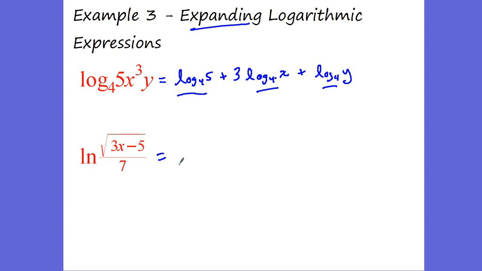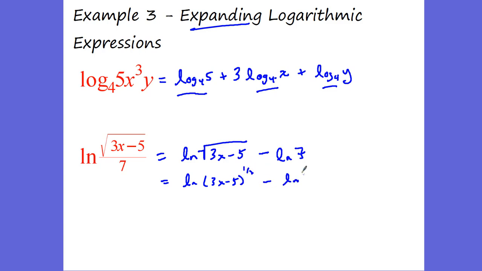Okay, we're going to do the same thing here. So here we have natural log. I'm just going to expand it a little bit, and then I'm going to keep expanding it. Natural log of the square root of 3x minus 5 minus, because that's on the denominator, minus natural log of 7. Okay, now let's think about this guy right here. He is really 3x minus 5 to the 1/2 power minus natural log of 7.